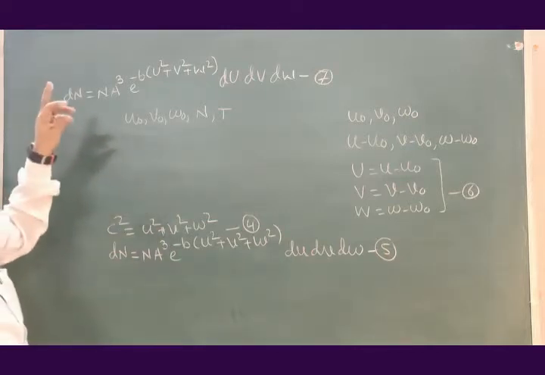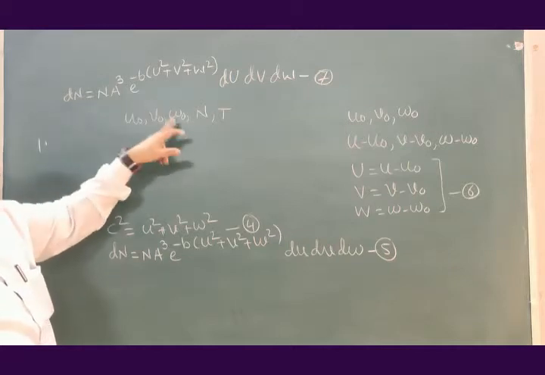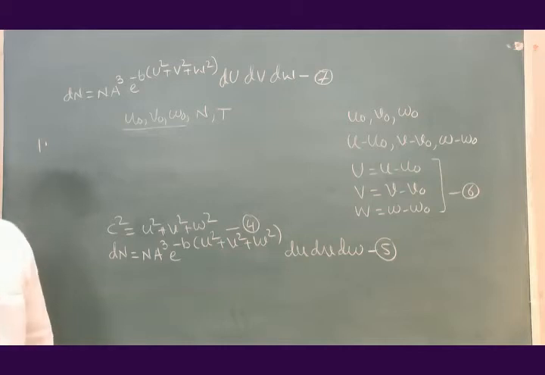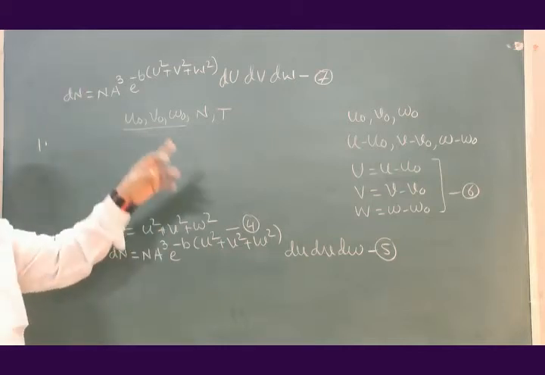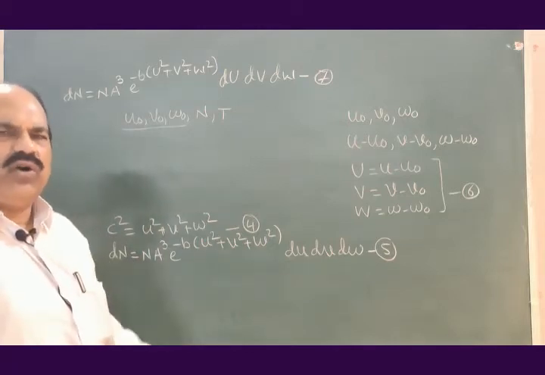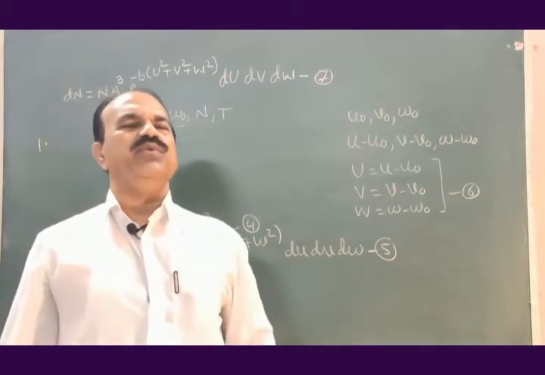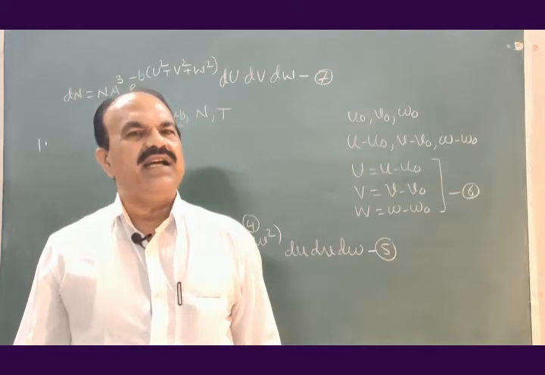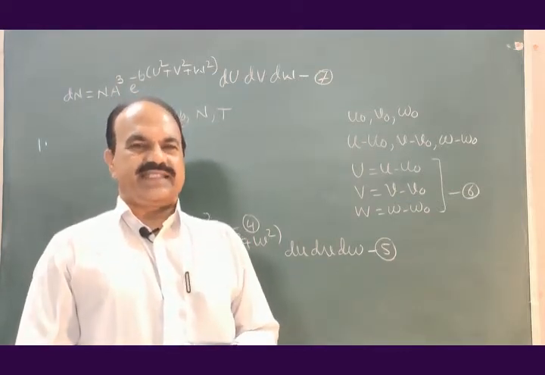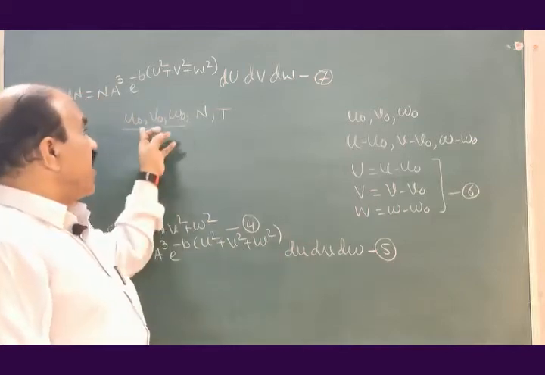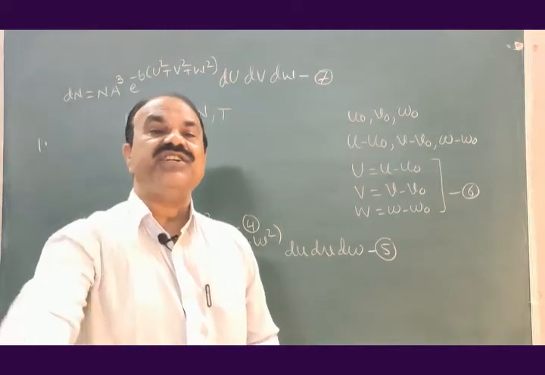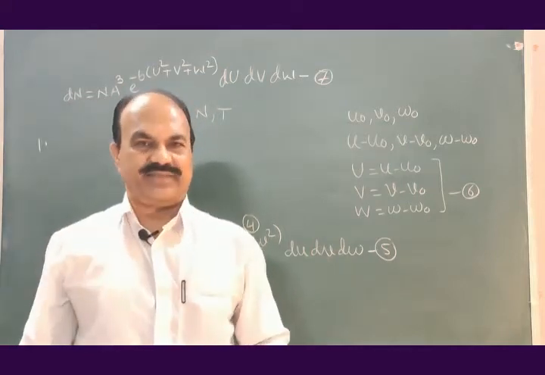Let us suppose that the velocity components U0, V0, W0 or U, V and W are not constant throughout the gas. These have different values in different regions of the same gas.